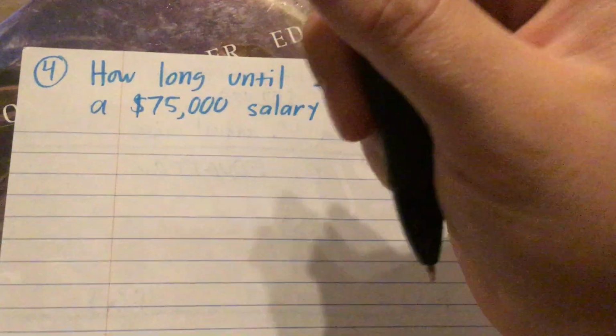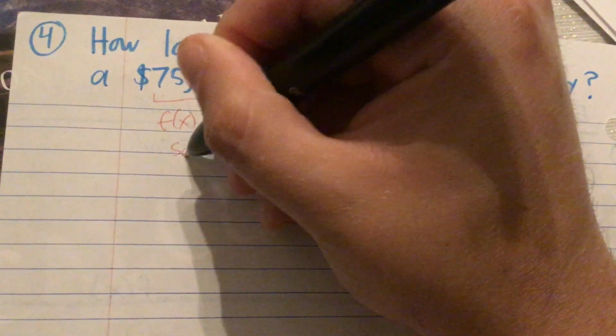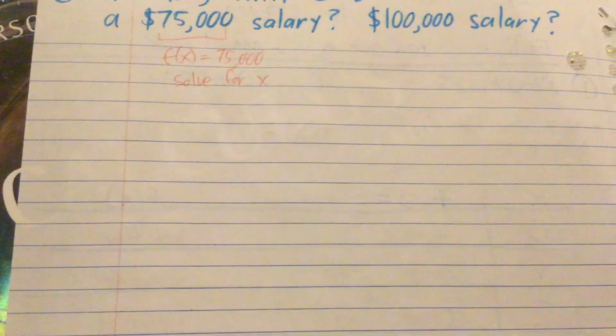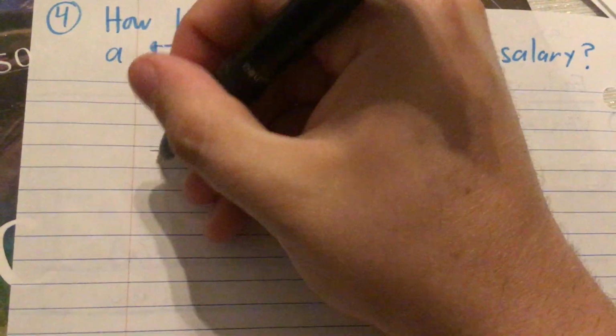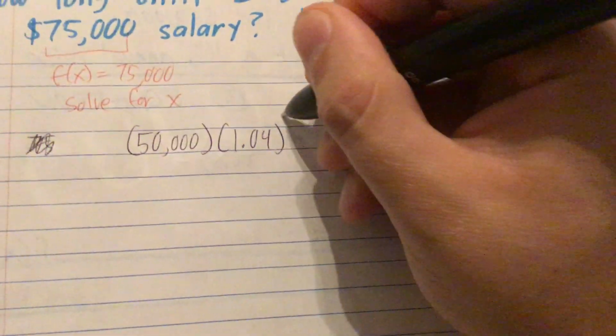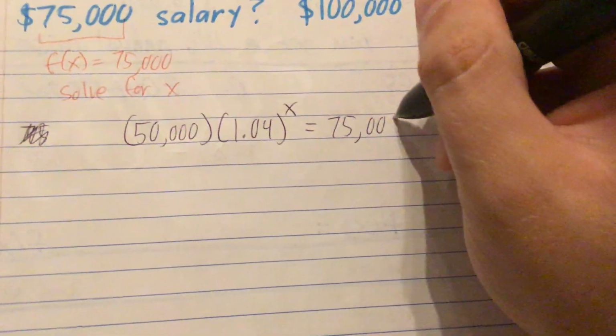Because if this is the case, you want to set f of x equal to $75,000 and solve for x. So what this means is you have $50,000, and the formula is times 1.04 to the x power, and that's going to be equal to $75,000.